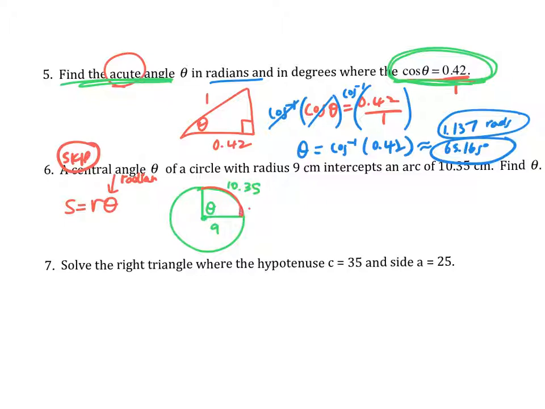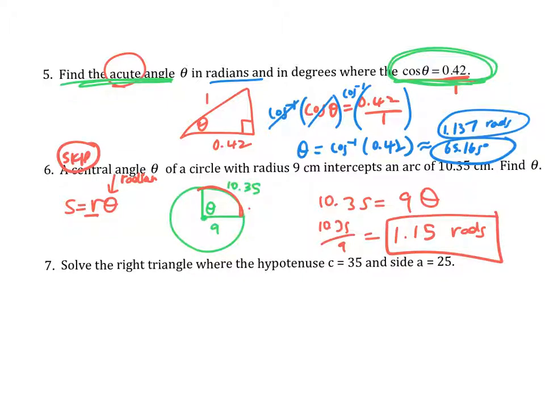So the arc length is 10.35, and the radius is 9, so we're looking for theta. If you divide both sides by 9, you get 1.15, and that is how much the central angle is in radians. Again, you don't have to worry about seeing a question like this on our test.